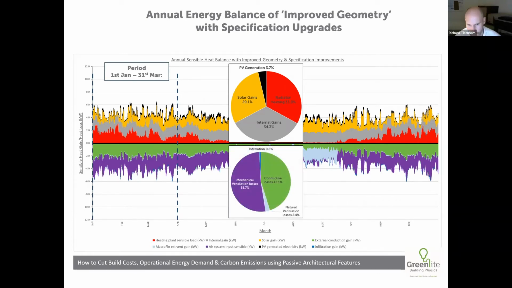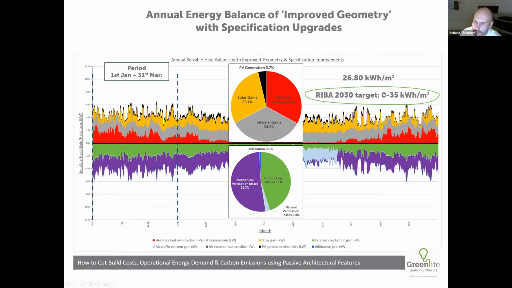Likewise, on the losses side of the equation, we've still got about a 50-50 balance between mechanical ventilation heat loss and conductive heat loss. So if we were looking to improve on this further, we'd maybe look to raise the efficiency of that ventilation system. In terms of the RIBA 2030 target, we're now hitting 26.8 kilowatt hours per metre square, so well within the RIBA target.